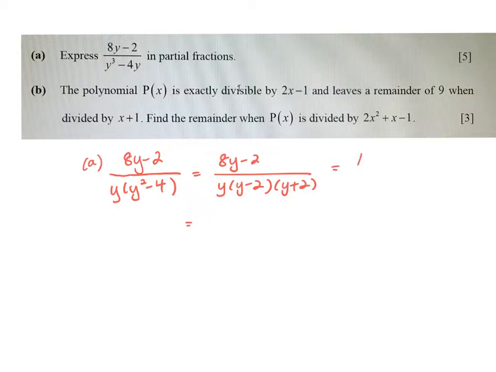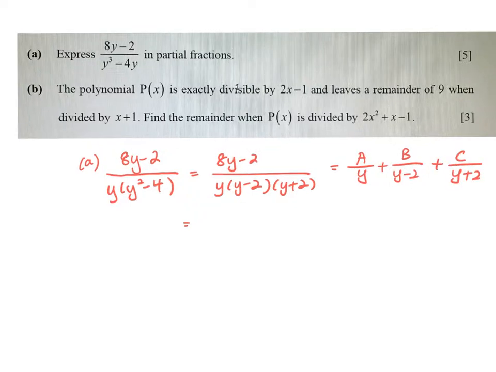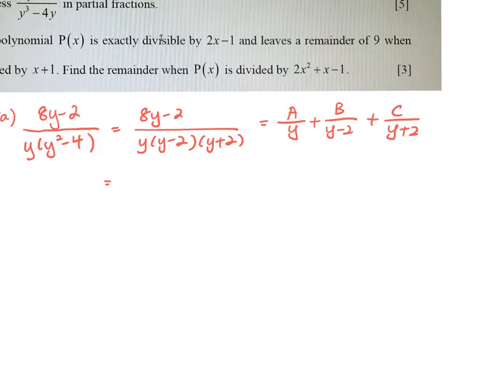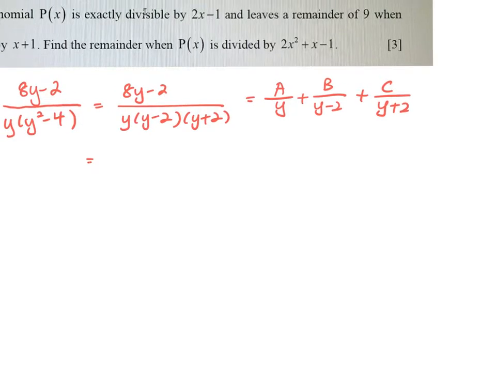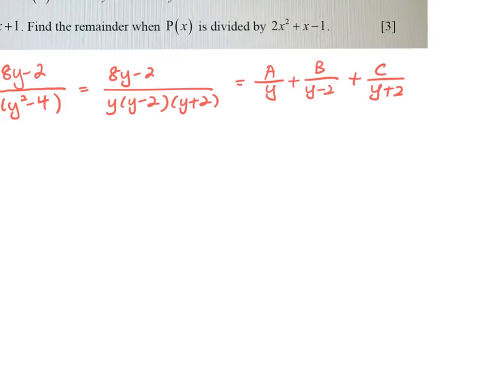After which I can now write this out as A/y + B/(y - 2) + C/(y + 2). These are distinct linear factors, and we should go ahead to solve for our A, B, and C, which is the main part of solving partial fractions.